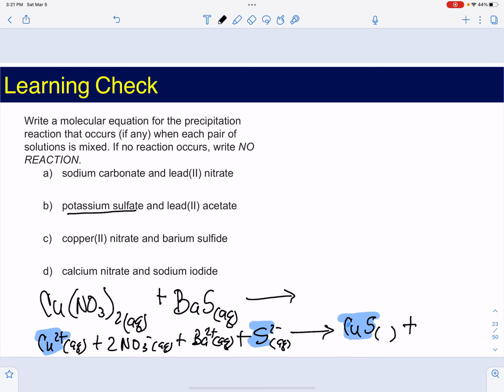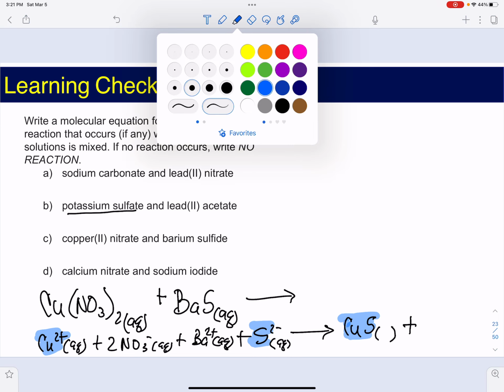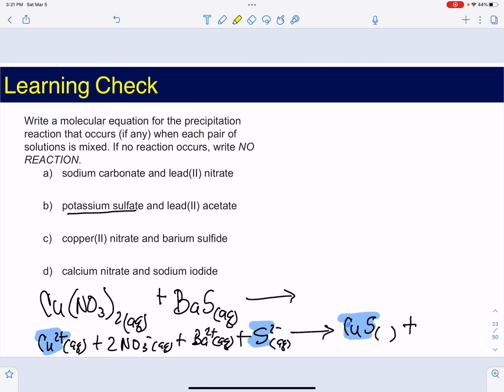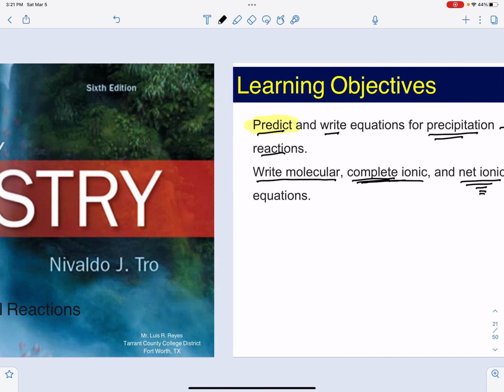And in addition to that, it's going to give me the negative with the new positive. So I'm going to get also barium nitrate. All nitrate solids are going to be soluble. So that has to be aqueous. Now copper sulfide, I'm going to have to check. All sulfides are what?